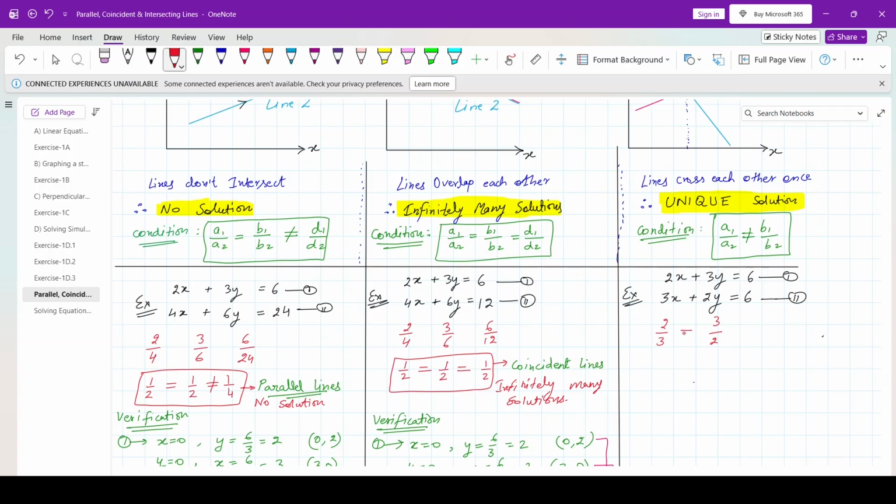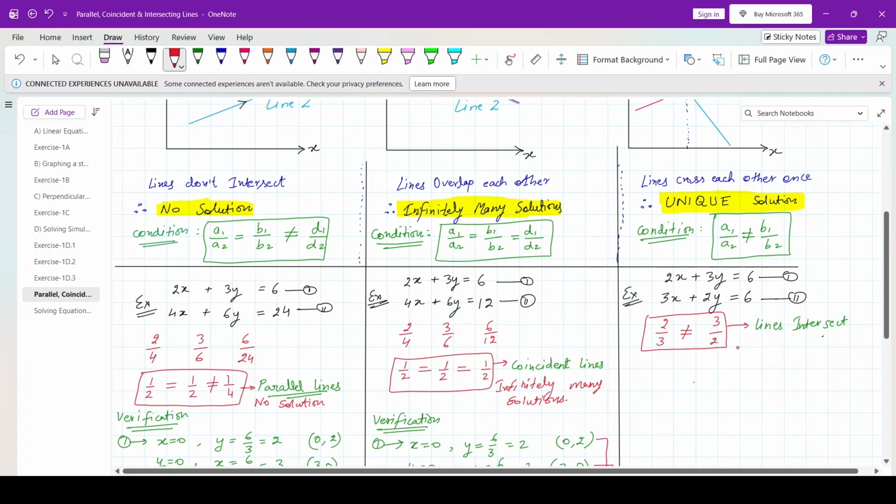So in our case, this does not match the second part, and hence we can say that lines intersect, or there is a unique solution. Let's verify.